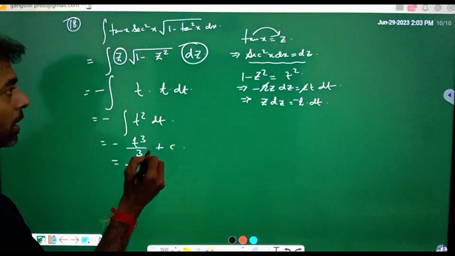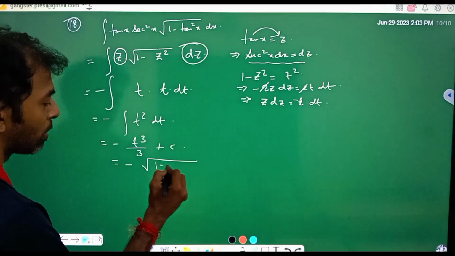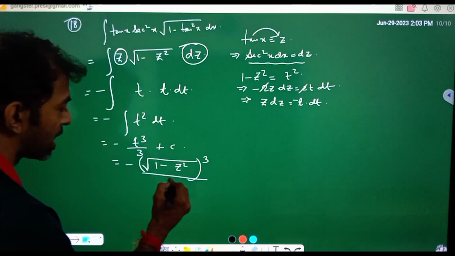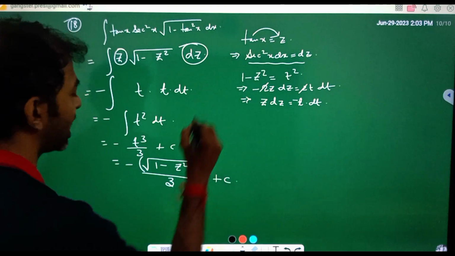Now t was root under 1 minus z square, whole cube by 3 plus c. Now what was the value of z? z was tan x.